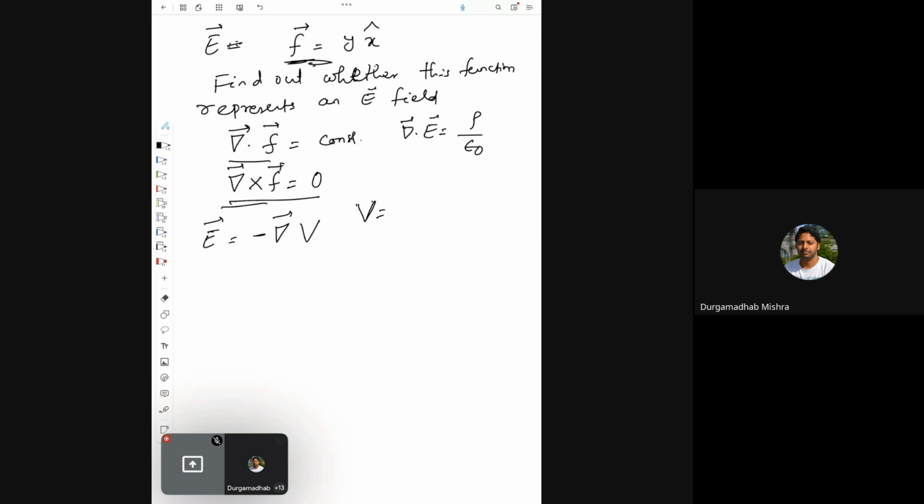Now, if I take the divergence of both sides, what will I get? I'm taking the divergence of both sides, which we write as del square V. This is a new operator, the del square operator.